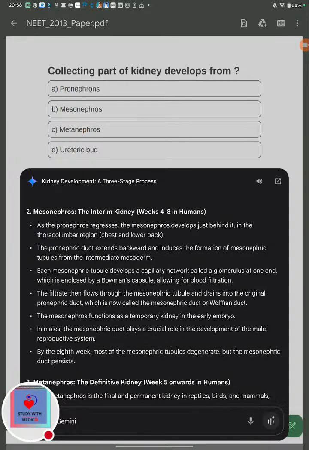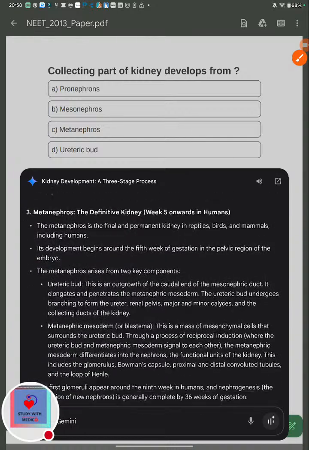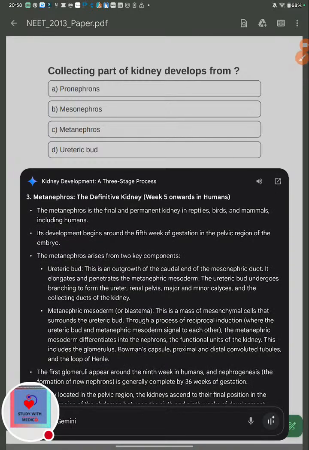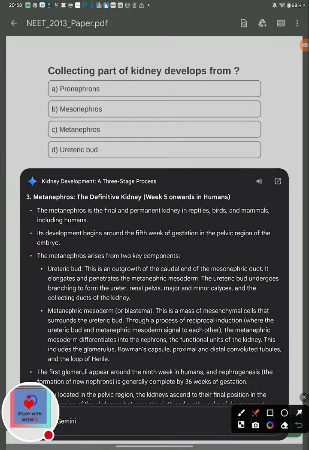Okay. Then talking about the last, metanephros kidneys. These are the definitive kidneys, and these are formed by the 5th week onwards. Metanephros is the final permanent kidney. So the metanephros has two key components. One is the ureteric bud. This ureteric bud is an outgrowth of the caudal end of the mesonephric duct.